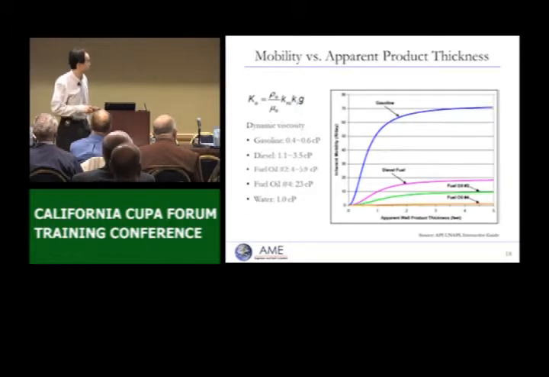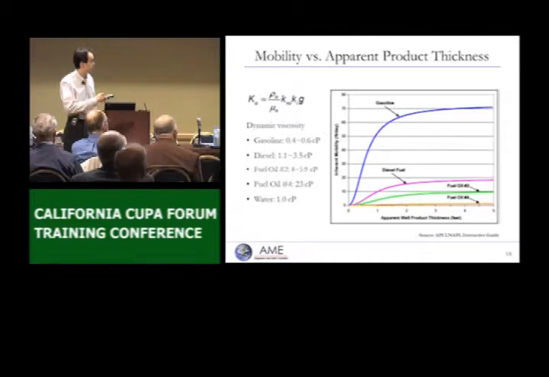Now here, just to show you the mobility as a function of apparent well thickness. One thing you can say from here is, regardless of the product type, the mobility increases with the increase in the well thickness. But for a specific well product thickness, you see the difference in mobility for the different types of product. That can be explained from the relative permeability and also the viscosity of each of these products.